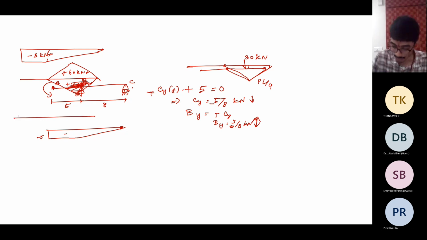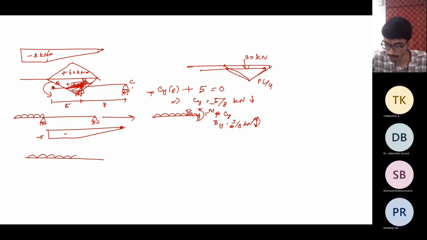And in the last case, you have a uniformly distributed load. So this is equivalent to one span which resists a moment of MB and a certain reaction.